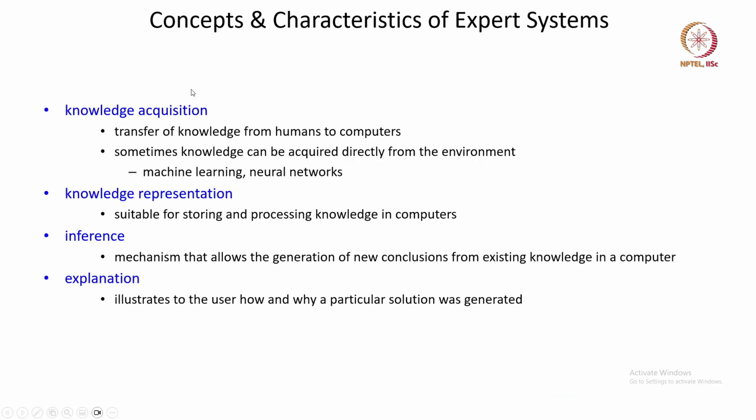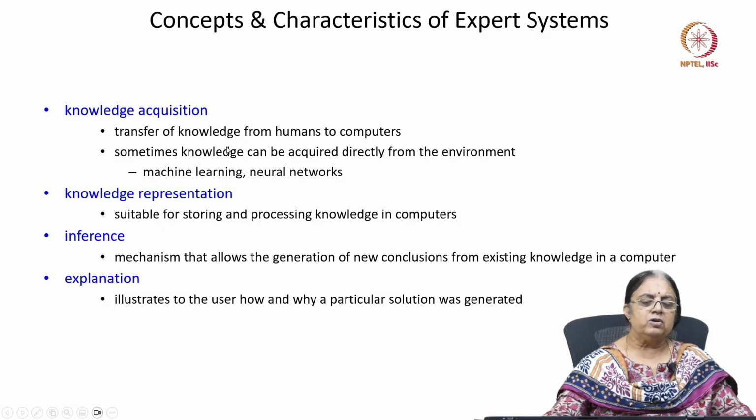So first of all, the knowledge acquisition has to be carried out. You must have a person who transfers the knowledge from the human expert to the computer. Or you can have a program, for example, some machine learning algorithms, neural networks, etc., which acquires the knowledge automatically and enters it into the system.